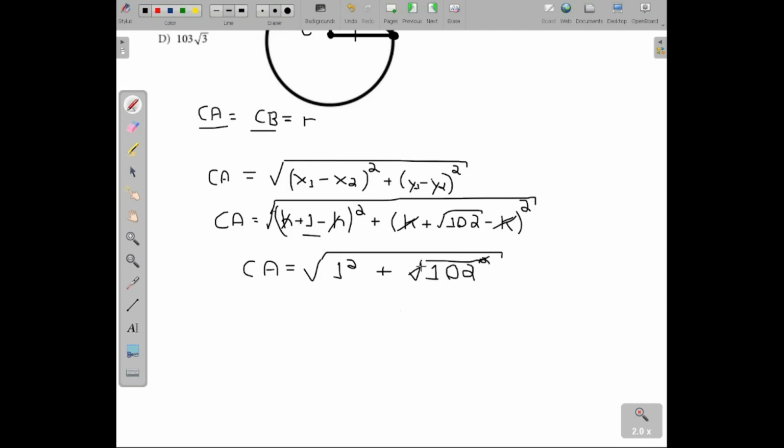Here we can cancel out the square root, so CA will be equal to the square root of 1 plus 102. Finally, we can say that CA is equal to the square root of 103.